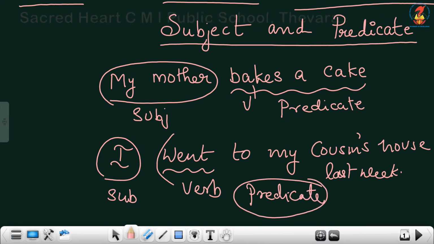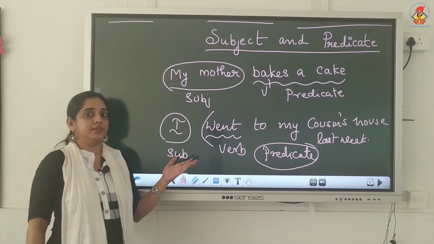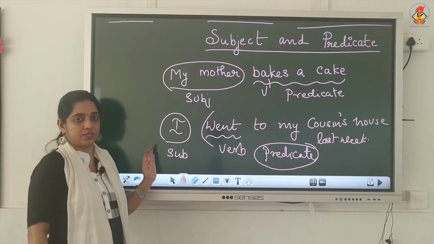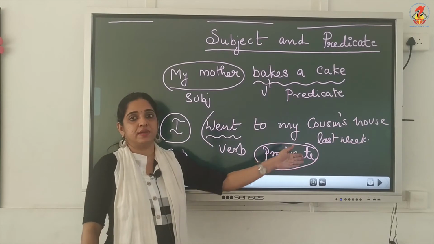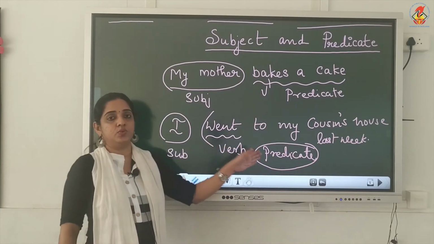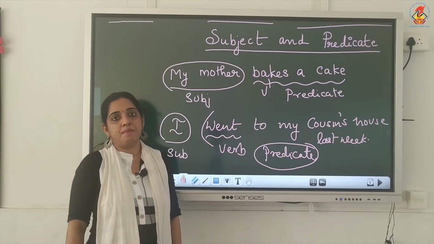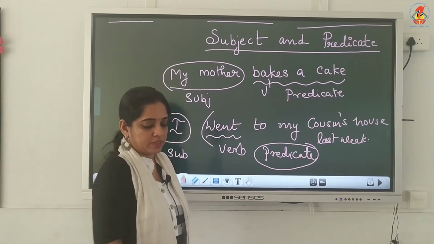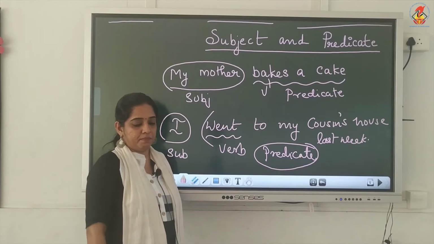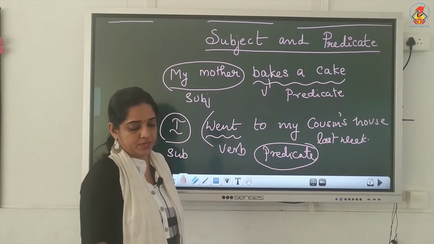I hope it's clear. Who is doing this action? That is the subject. And something which tells more about the subject, what the subject is doing, that is called a predicate. Now see the textbook. In the textbook also, one example is given: Suhana is a good student.